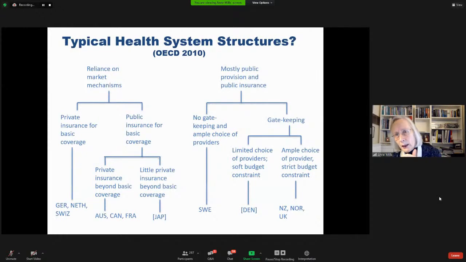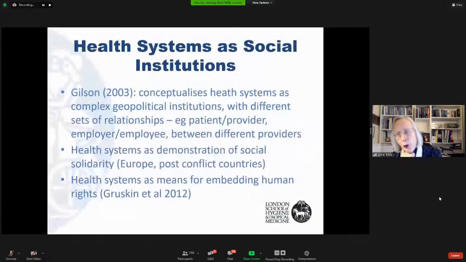This categorization system, you can see, reflects very much an economist's point of view, given the sort of role that market mechanisms play in determining this categorization. But before moving on, I want to emphasize that economists aren't the only discipline that have a view on health systems, and that there is an evolving body of literature addressing health systems as social institutions.